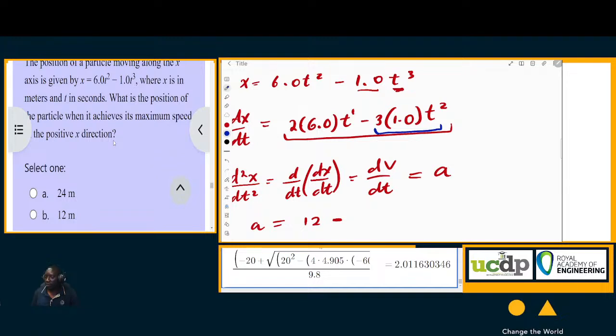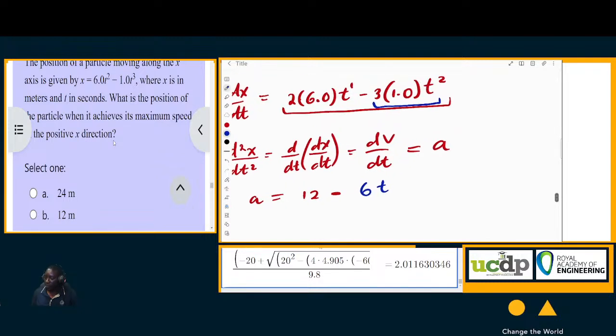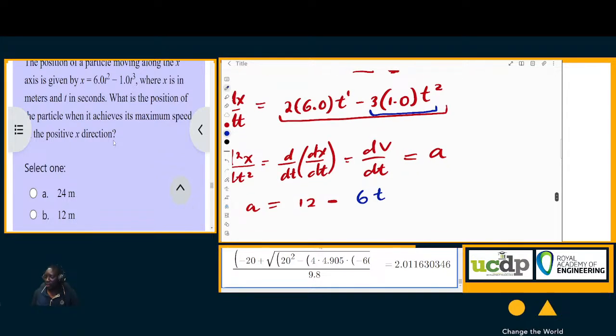We multiply 2 times negative 3, and we're left with negative 6t. Because 2 minus 1 gives 1, it remains as t to the 1.